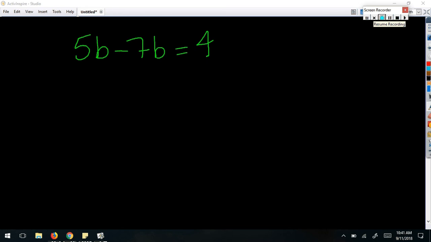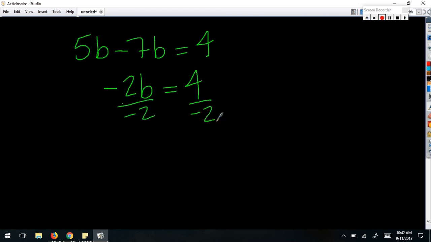I see two variables in here, and my question is, are they like terms? Yes. What is 5b minus 7b? Now how do I get b by itself? You divide by 2.